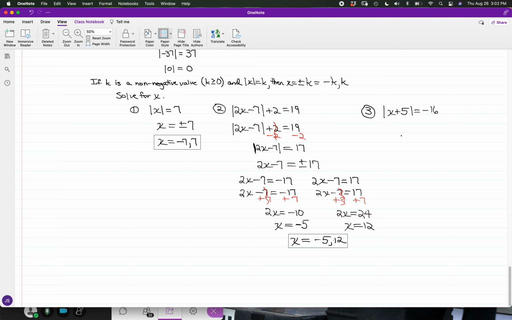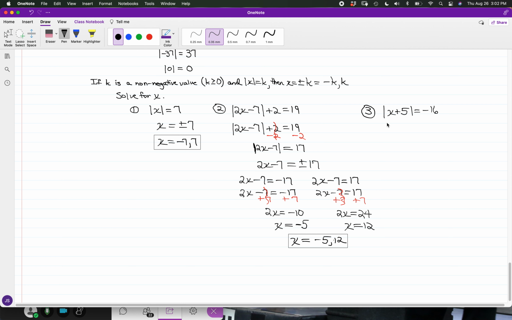So we have the absolute value term by itself, and if there is to be a solution, k has to be at the right setting. Let me stress, what had to be k looks like it is represented by negative 16, but k is supposed to be a non-negative value.